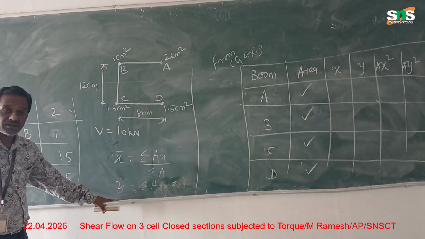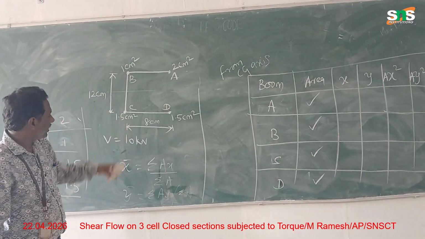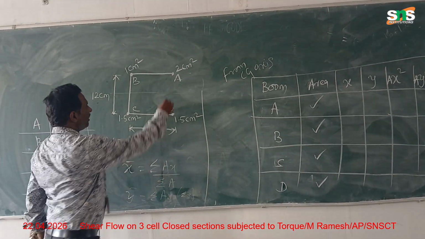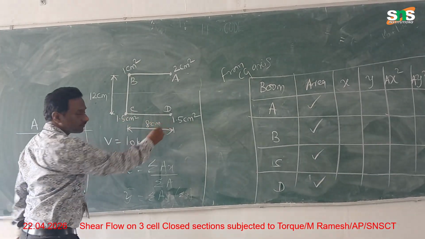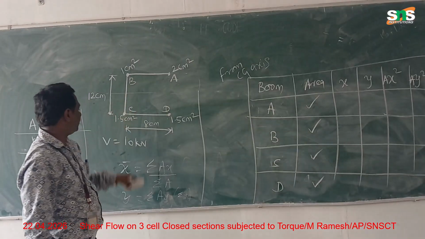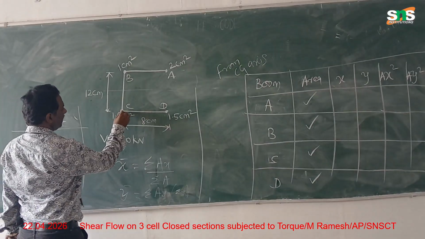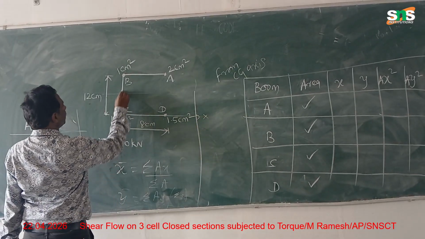After finding this x bar and y bar, you project. How to find x? You can have A1 x1 plus A2 x2 plus A3 x3 plus A4 x4, like that. This x1, x2, x3 depends on the axis. Let's take the axis from this point.